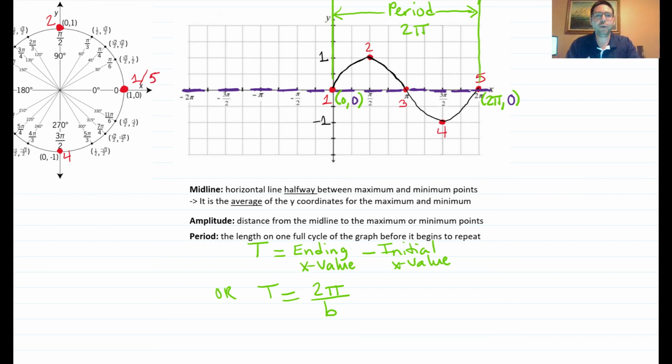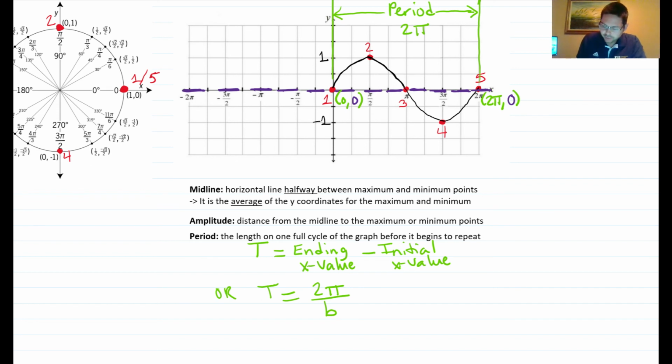That's one full period. So it's the length of one full cycle of the graph before it begins to repeat. So to get that, you take the ending value minus the initial value. So you subtract the x coordinates for those values. And then another way of doing it is to take 2 pi and divide it by b.